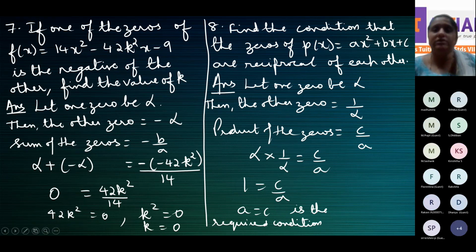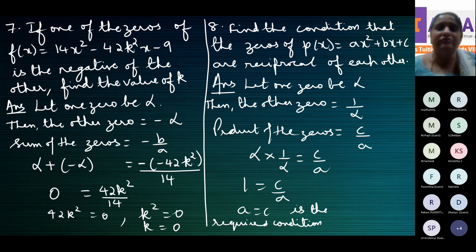Okay, children. So whenever the zeros are given to be the reciprocals of one another or the negatives of one another, that is, one zero is the negative of the other, or one zero is the reciprocal of the other, in that case we assume like this. Let one zero be alpha.